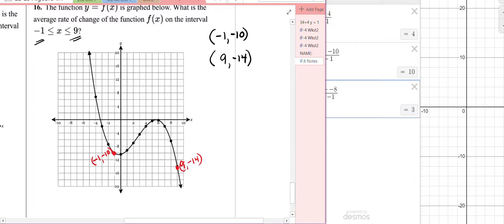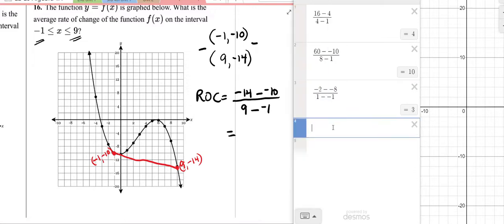All right, and if we look at this, you'll see that it is technically a decrease, so this answer should end up being negative. All right, so the rate of change should be this negative 14 minus the negative 10, over this 9 minus the negative 1.